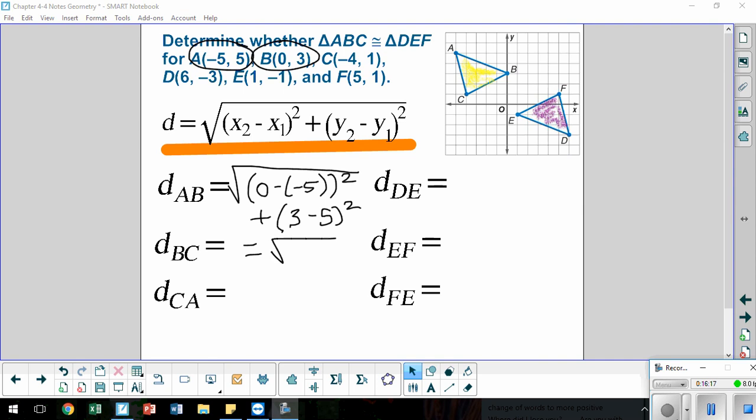That's going to equal, this right here is going to be 5 squared, plus this right here is going to be negative 2 squared. There we go. And the square root of 25 plus 4 equals the square root of 29. Let me clean it up.